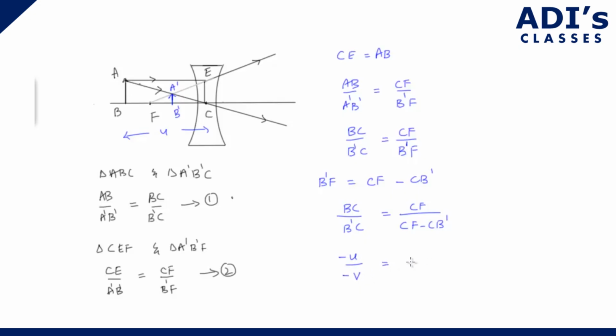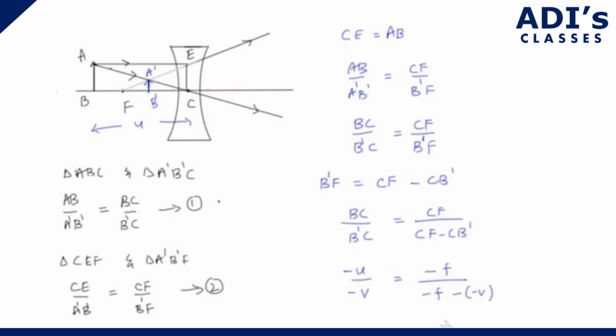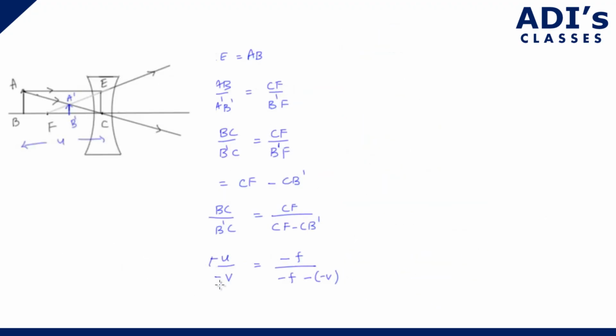Now the minus signs cancel, so you have U by V is equal to minus F divided by minus F plus V. Again you cross multiply: minus UF plus UV is equal to minus VF.